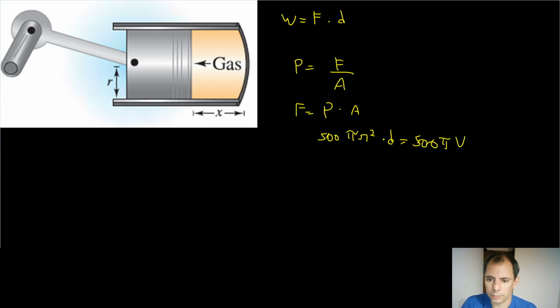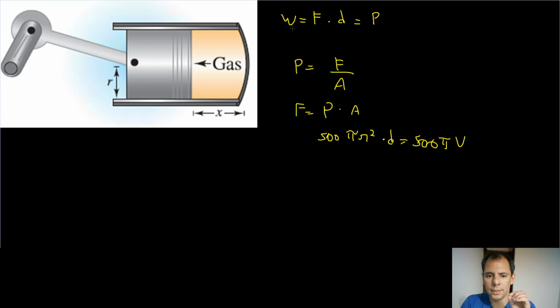Okay, and there's something else too. So the force, you see, this is going to be equal to the work, right? The work is the force times the displacement, which is the pressure times the volume. But how much of the volume?